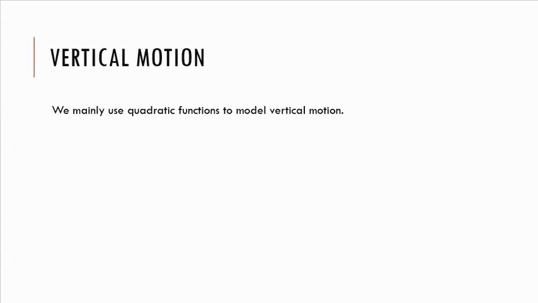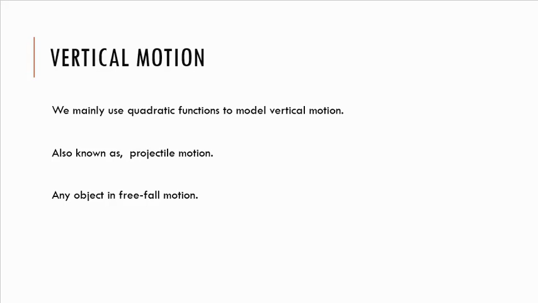When discussing real-life scenarios, we mainly use quadratic functions to model vertical motion. This is also known sometimes as projectile motion. However, if you ever get to physics, projectile motion includes both the vertical component and the horizontal component of projectile motion.